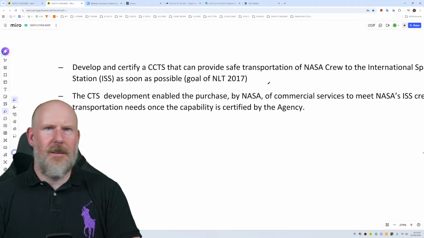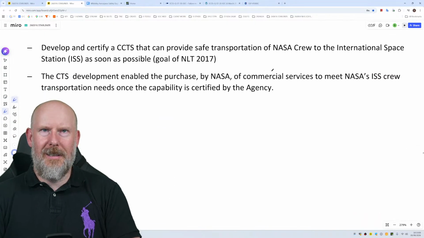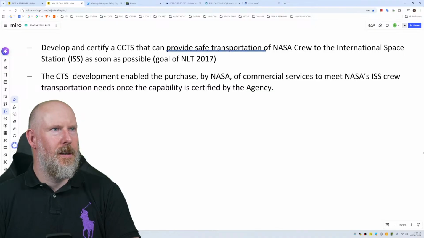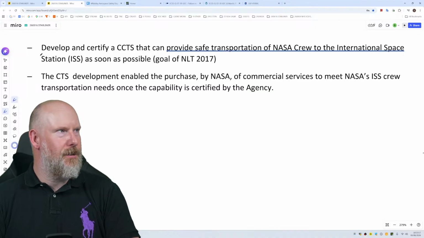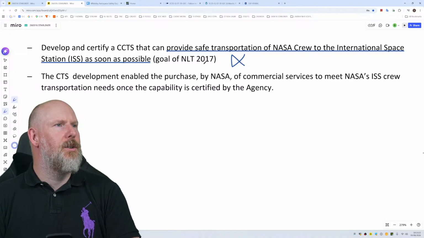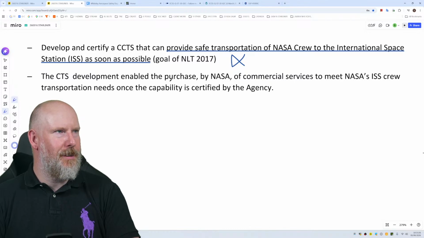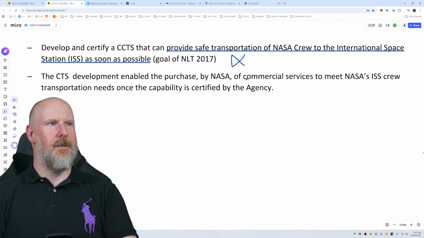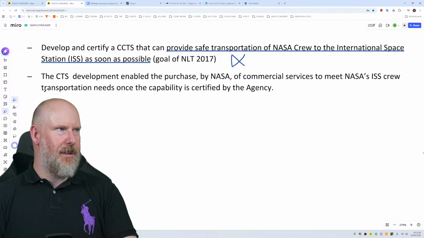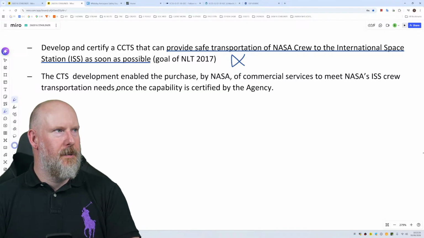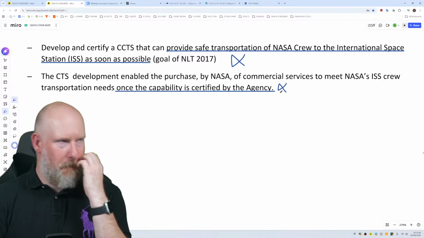Okay, develop and certify a CCTS crew commercial transportation system that can provide safe transportation of NASA crew to the International Space Station as soon as possible. 2017. The CTS development enabled the purchase by NASA of commercial services to meet NASA's ISS crew transportation needs once the capability is certified by the agency.